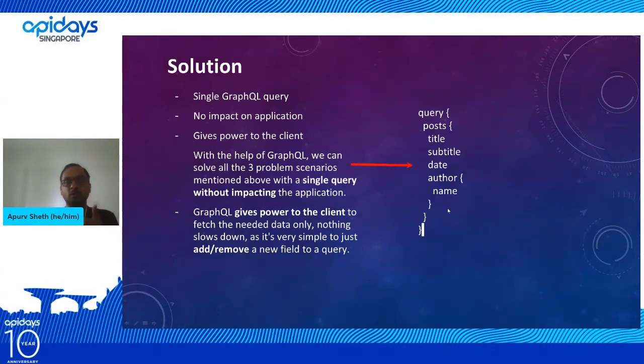So here we are solving the underfetching, we are solving the overfetching, and the front end development team doesn't need to wait until a brand new endpoint is introduced. It gives the power to the client to fetch only the needed data. So let's say for a mobile device, I don't need the author. While calling this API, I will not get the author as an attribute, and I will get only the title, subtitle, and date.